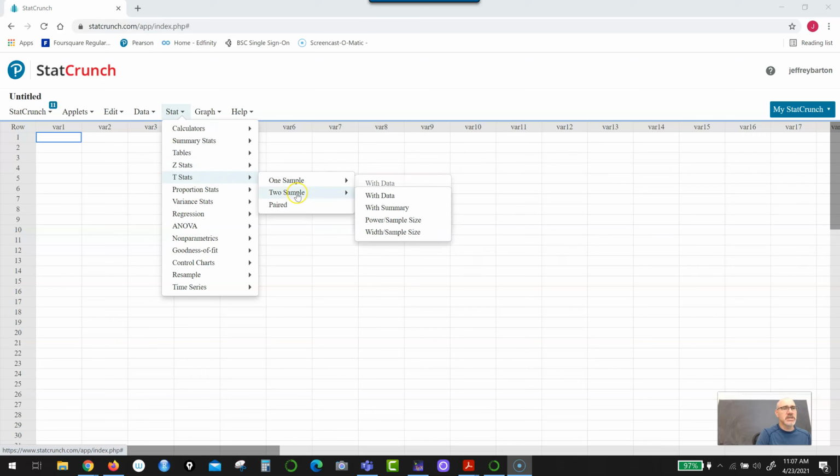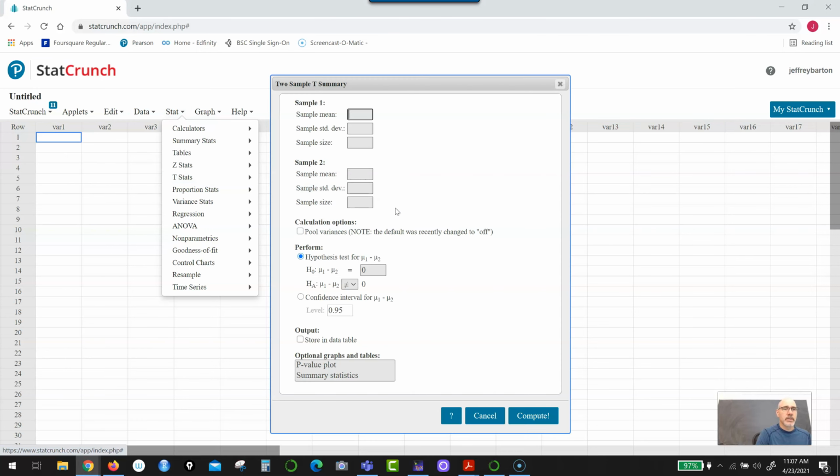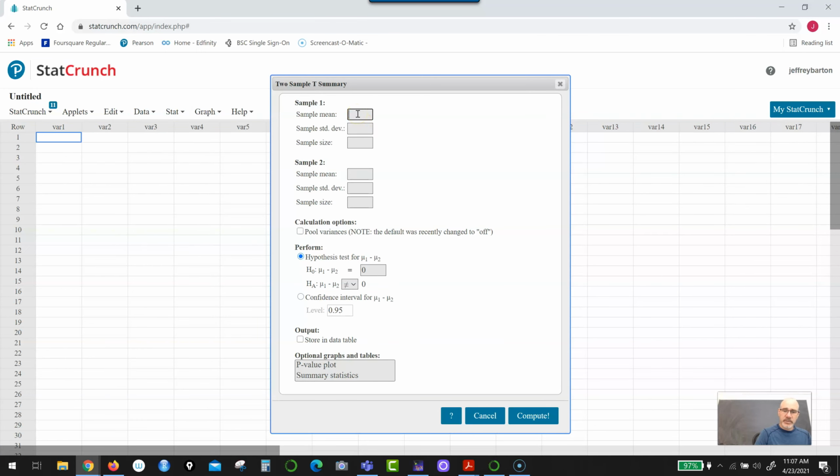So if I go to T Stat, two-sample with summary, I can enter all of the information for the problem. The Sanford sample mean was 102, standard deviation 13, sample size 60, and then for BSc it was 110 for the sample mean, 10 for standard deviation, and 30 for the sample size.